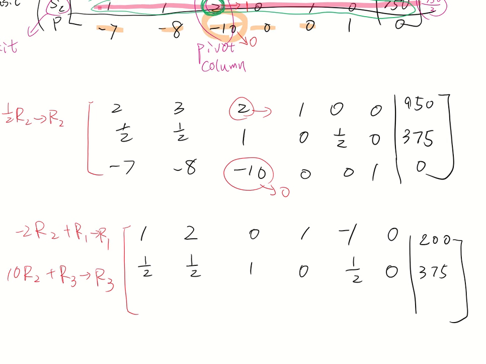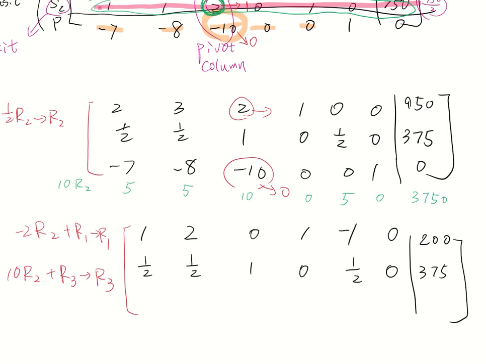Now let's change the R3. R2 times 10. I'm going to make a cheat sheet here. R2 times 10 will be 5, 5, 10, 0, 5, 0, 3,750. Let me change the color to make it less confusing.